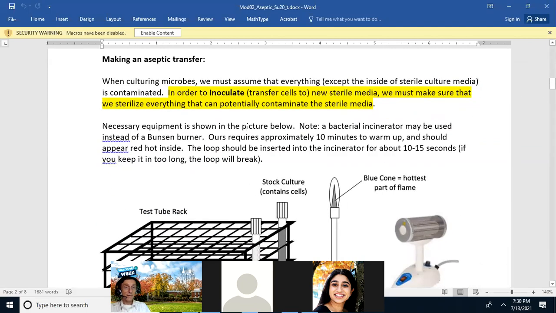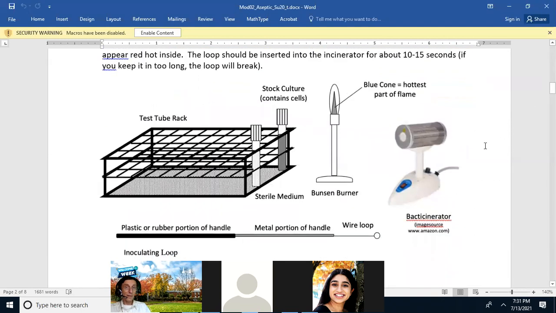To make an aseptic transfer, you inoculate or transfer cells to a new sterile media, and you make sure that everything is sterilized before we inoculate it to prevent the media from being contaminated. Here we're looking at different things that we can use to sterilize the loop that we use to move the bacteria from this tube into that tube.